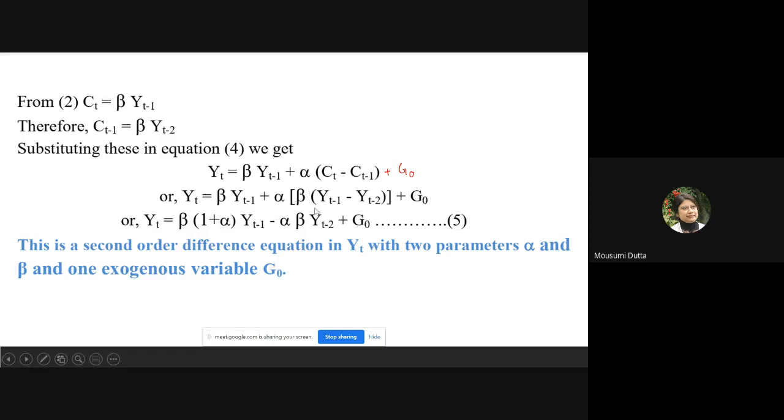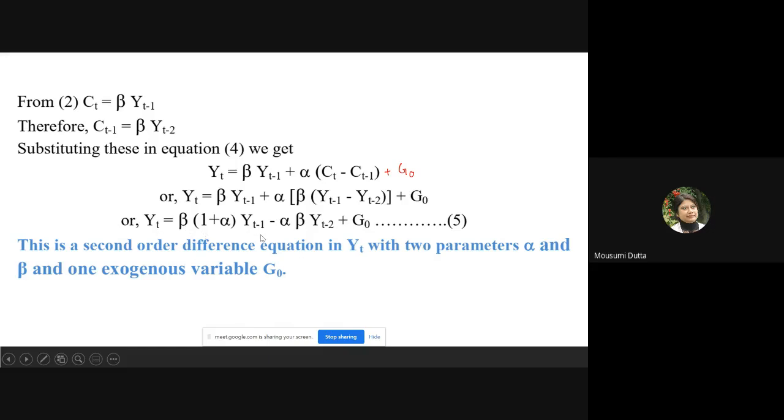Then I am taking Yt minus 1 common. Now Yt minus 1 is there with the first term and Yt minus 1 is there with the second term, alpha beta Yt minus 1. So if you take Yt minus 1, also beta is common between these two terms. So beta into 1 plus alpha into Yt minus 1. Is it clear?